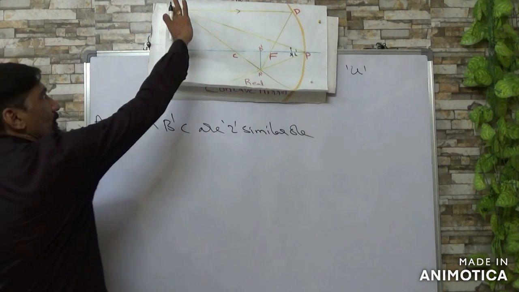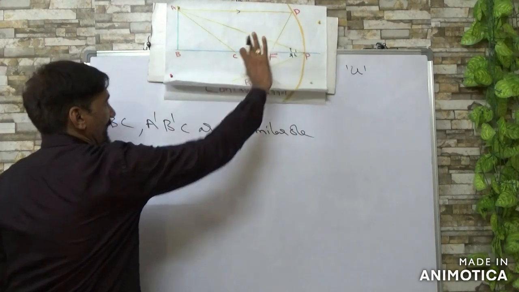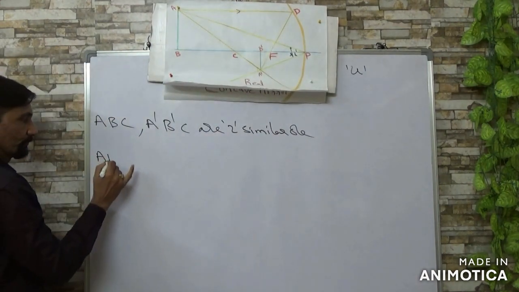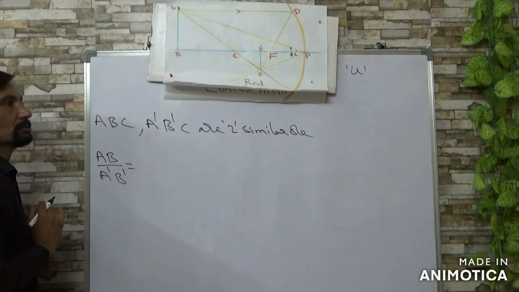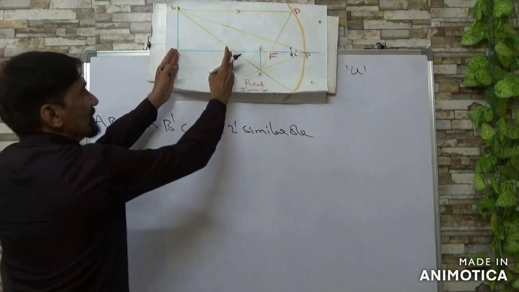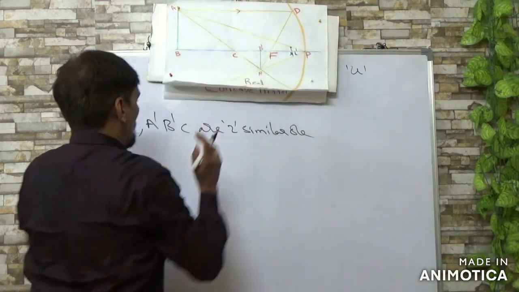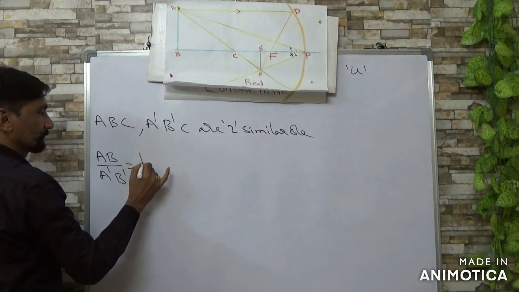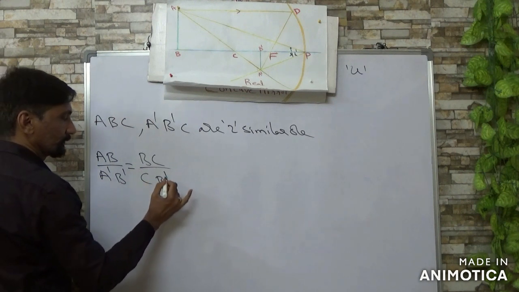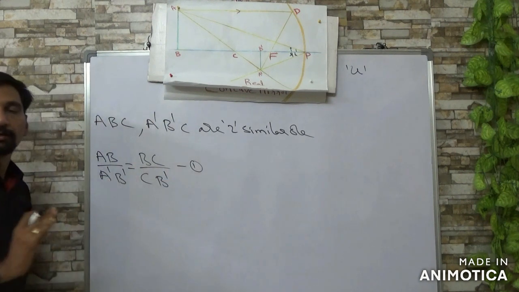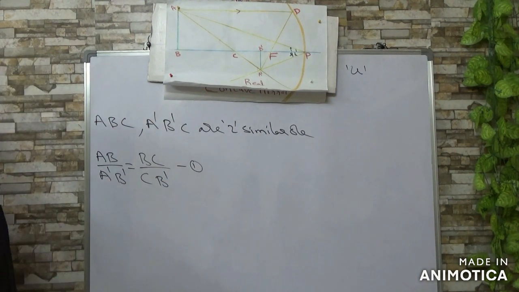That means AB by A dash B dash is equal to BC by CB dash. Say equation 1.